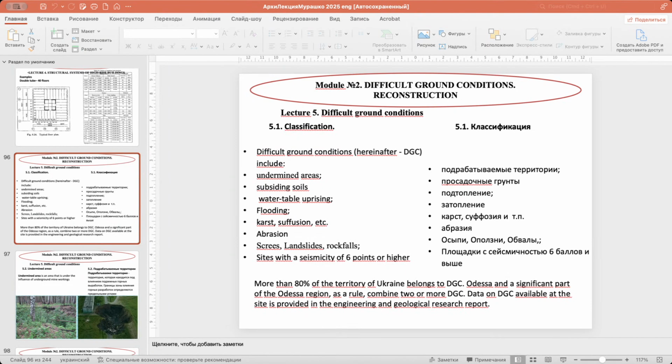So that is why you have to understand that each ground condition gives you limits from an architectural point of view on your building.